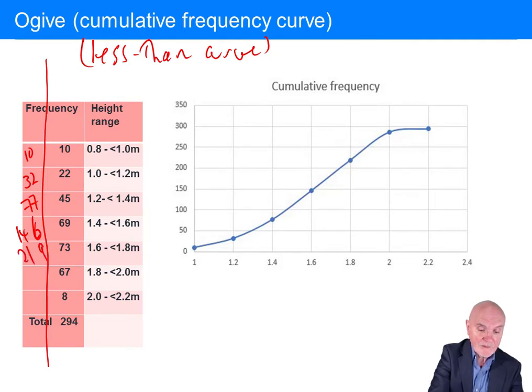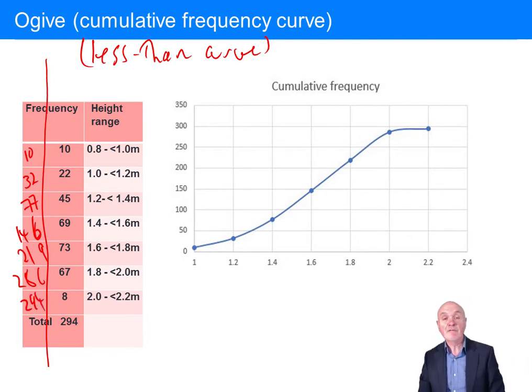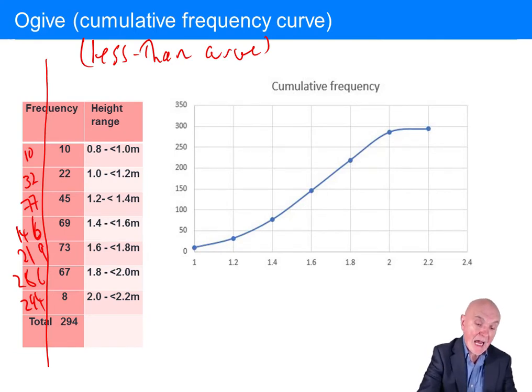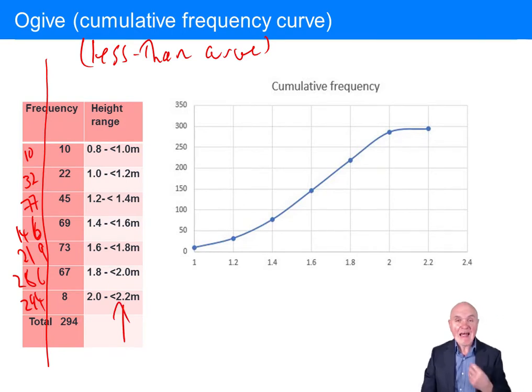And then in here we're going to have 282. And then we're going to have 294. So 282 and 294 are the total number of people who are less than the upper limit of that particular range.